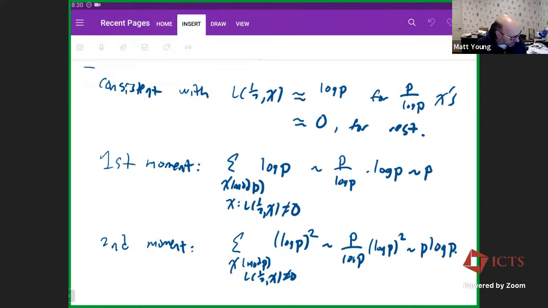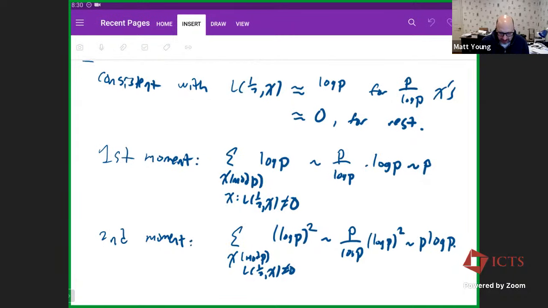So let's share my screen on my tablet. Okay. Last time I talked a little bit about the second moment of Dirichlet L-functions and also left it as an exercise to compute the first moment asymptotically.